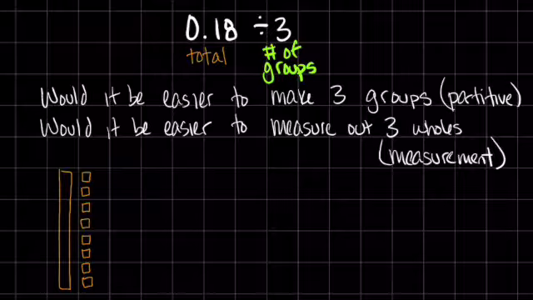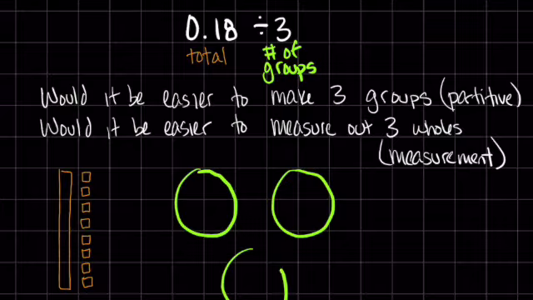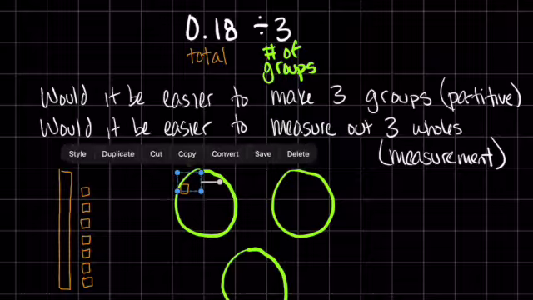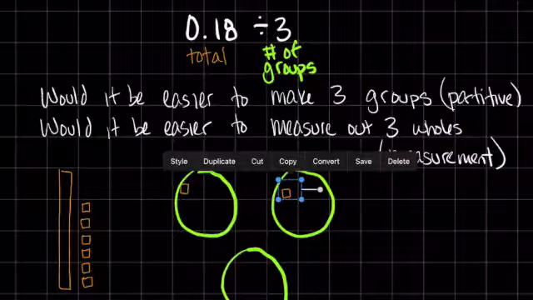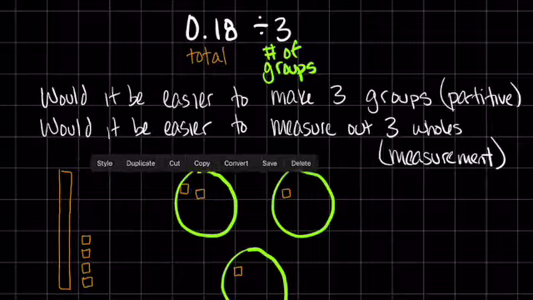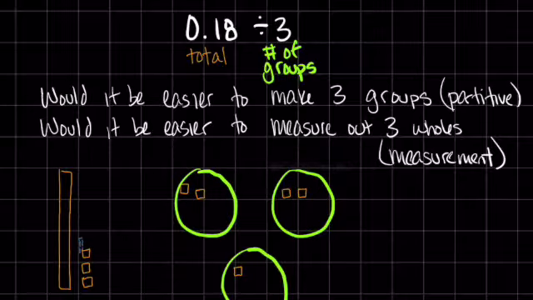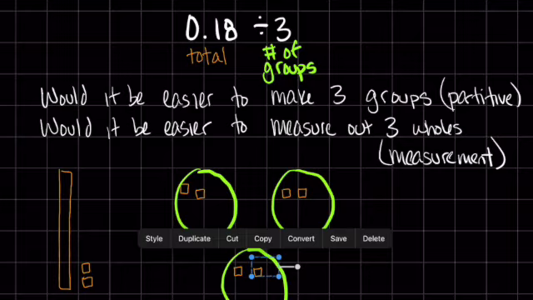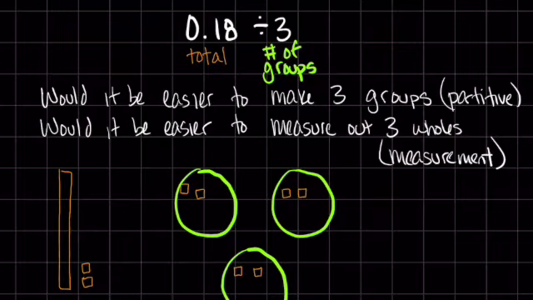So in this case, I'm going to go ahead and create my groups, and then I'm going to begin to divvy out all of my pieces. All right, everyone got 1 unit, so I'm going on to the next. Everyone got 2 units. And now I notice that I cannot divvy out my blocks any longer because I don't have enough for every group to get the same amount.